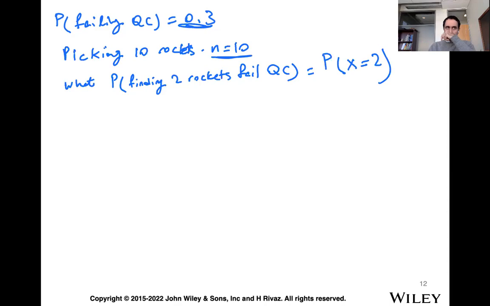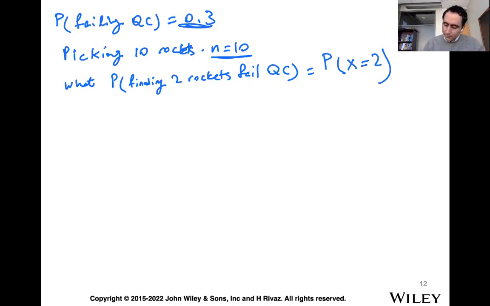The question didn't really tell us, but we can induce from our own knowledge that rockets are independent from each other. If one rocket fails the test, it doesn't mean the next one is not going to fail the test. So since these are independent events, we are going to use the binomial distribution.